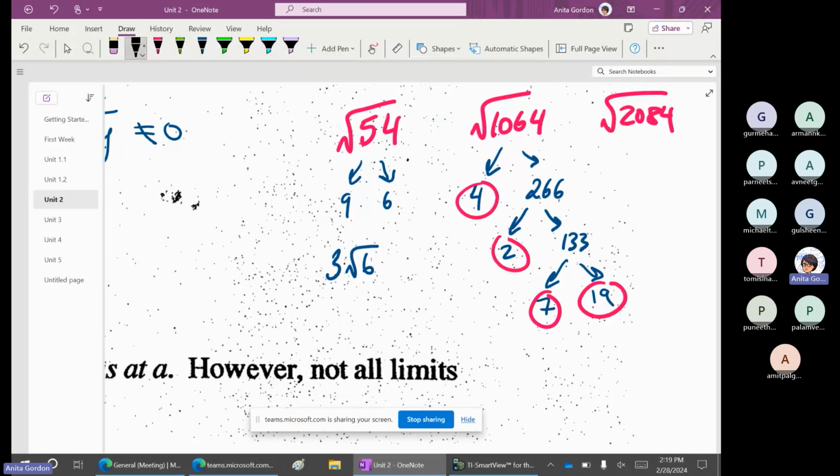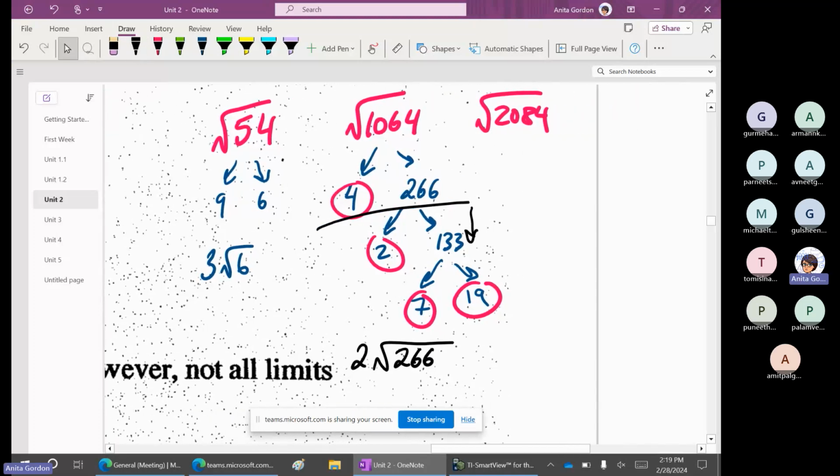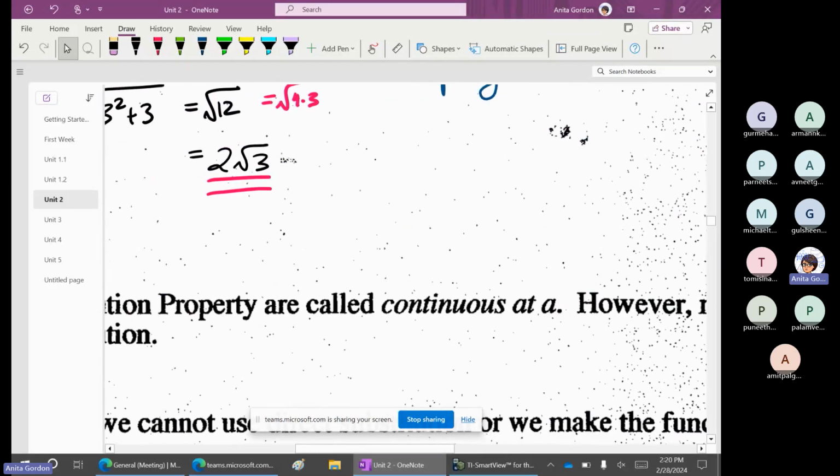So what is my answer? 2 root 19 times 7 times 2. I stop here because I don't have any roots below, right? Okay, next one. 2 root 521. We happy with that? Cool. Do you remember doing this? Yes. It's going to come up. Okay, I want to make sure we're ready to do that.